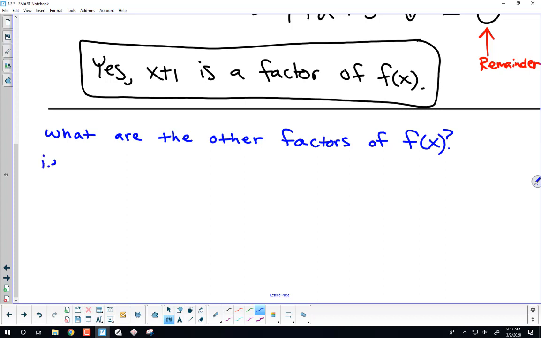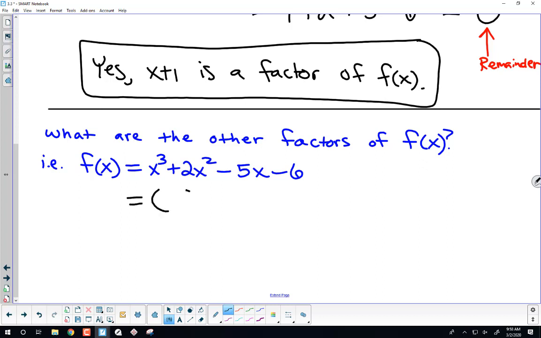In other words, when we say our f of x is x cubed plus 2x squared minus 5x minus 6, we'll see in a little while, but what's guiding us is the fact that we have an x cubed, the highest power we see on x. This thing should ultimately factor as three things times each other. So in other words, what are those factors?